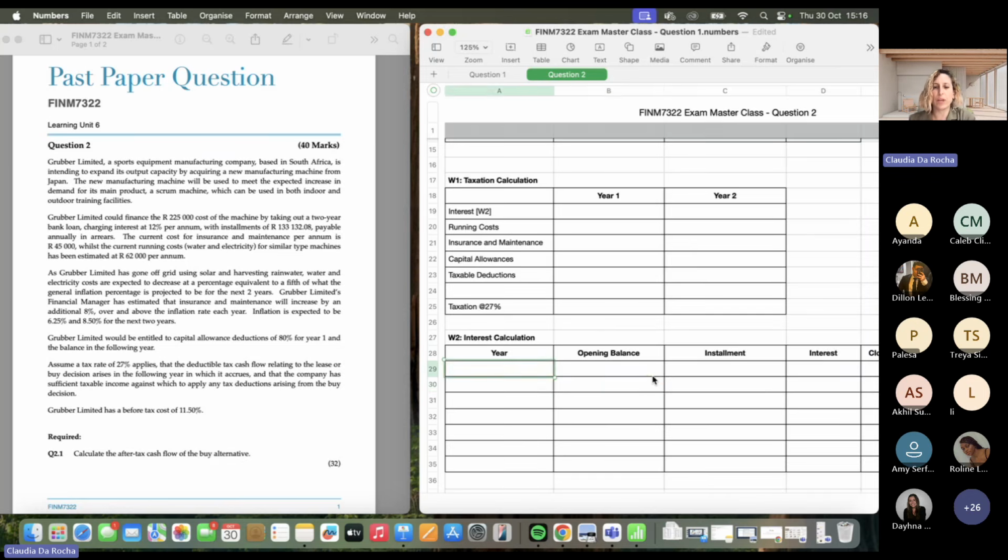So we have year 0, year 1, year 2, and that's all we have.